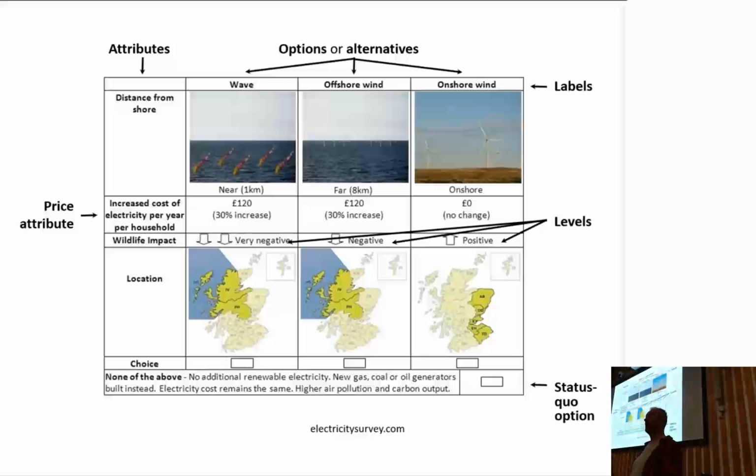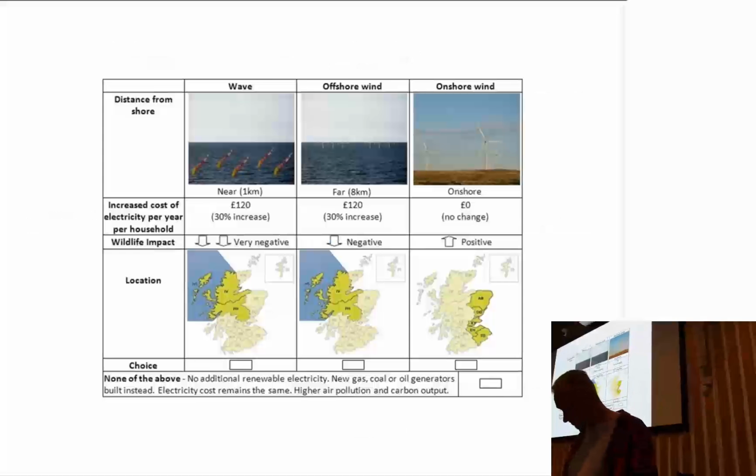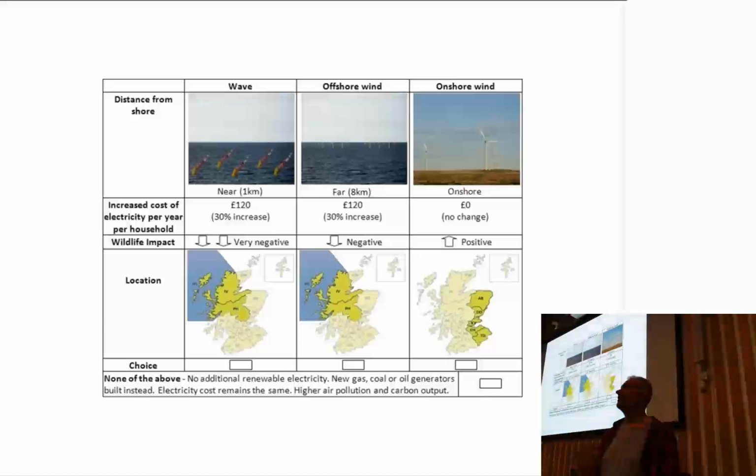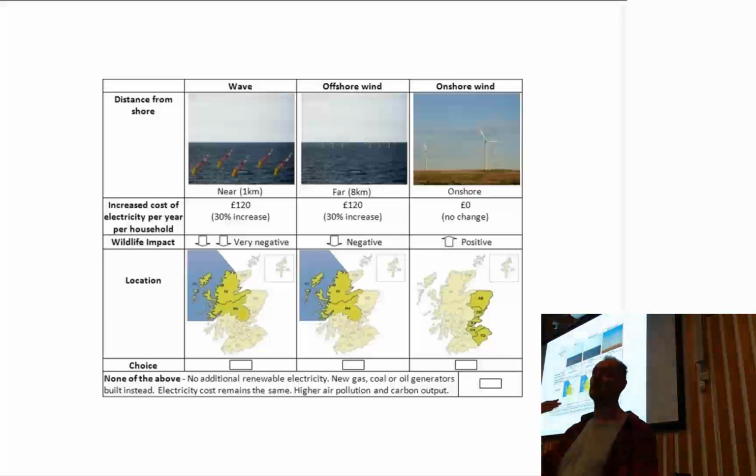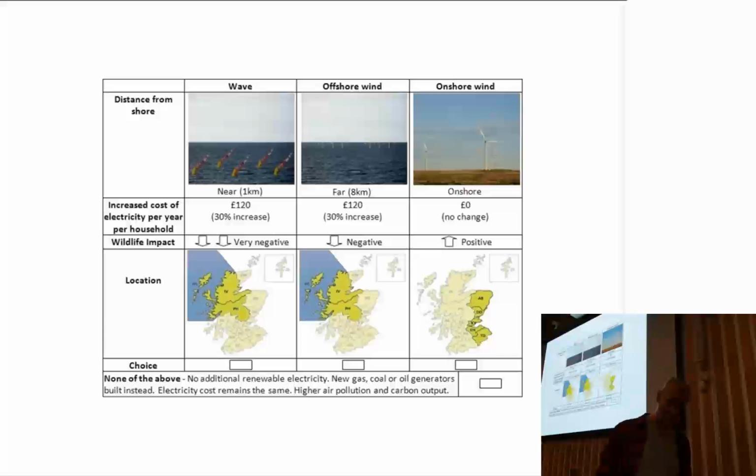And of course, one of the attributes, if you're interested in people's willingness to pay, in this case, pound sterling, then that is one of the attributes that has to be there, right? It doesn't have to be in principle there, but if you are interested in the monetary value of things, then that absolutely has to be the case. And then the idea is that you give every respondent 3 or 5 or 7 of these choices, and from that you infer what is going on.